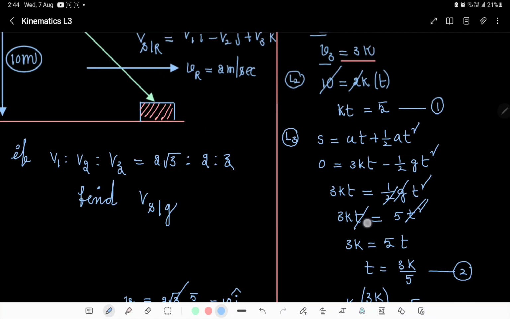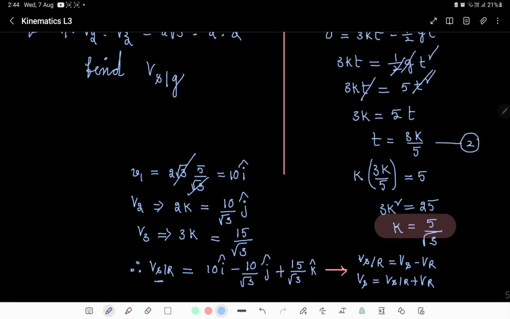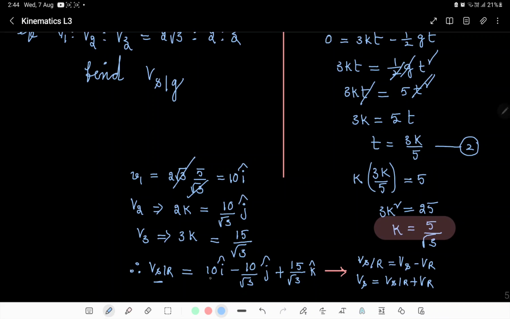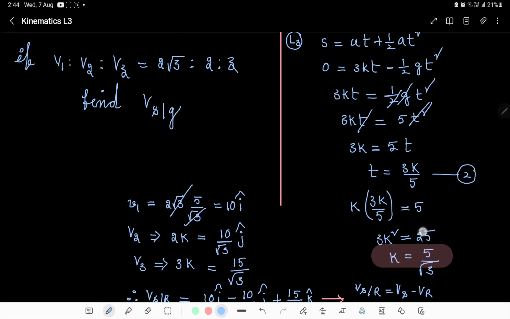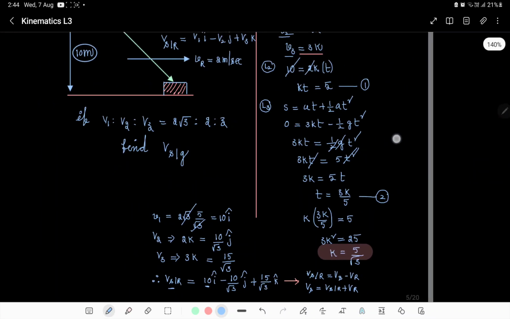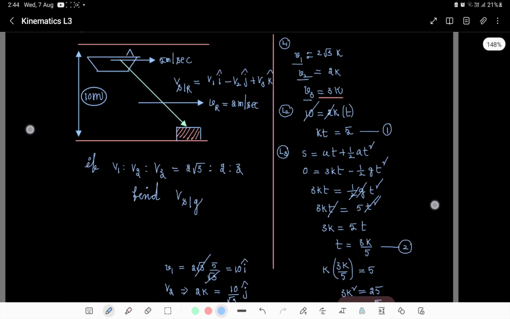Since the river is flowing with a velocity of 2 meters per second, that 2 will be added here. So that will be 12 i cap minus 10 by root 3 j cap plus 15 by root 3 k cap. So that was the answer to question number 7. Hope you understood. Thank you.